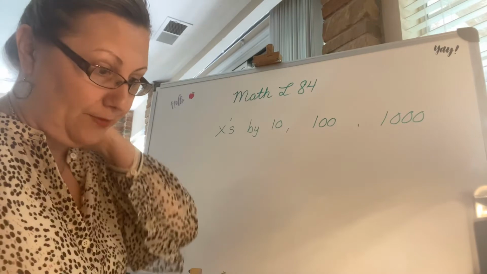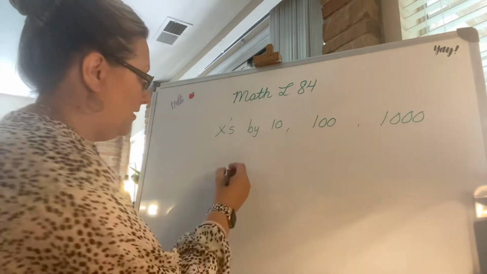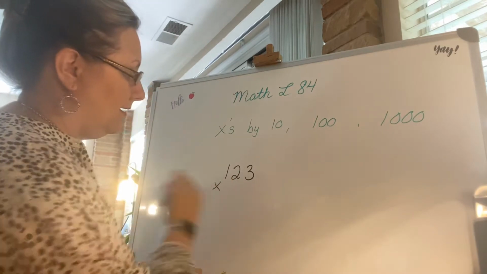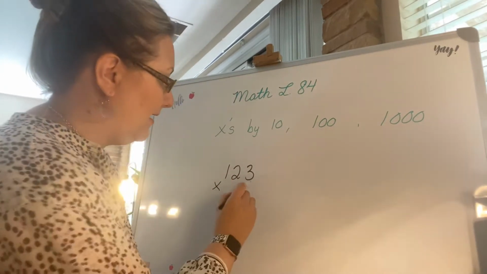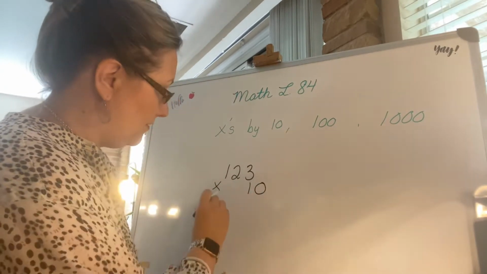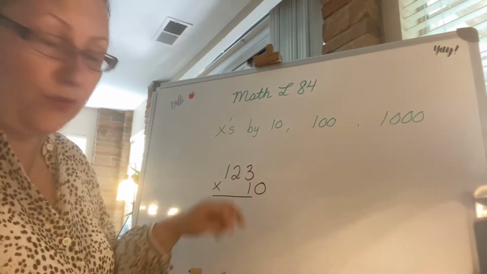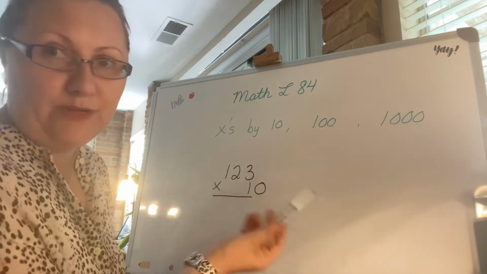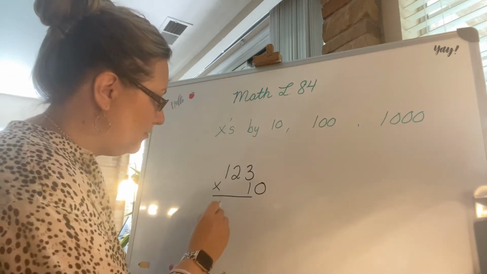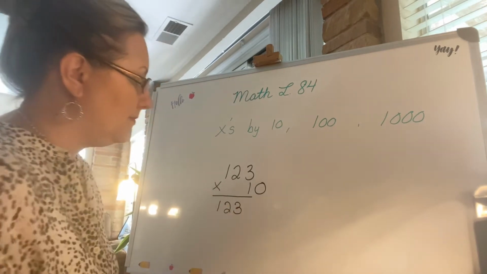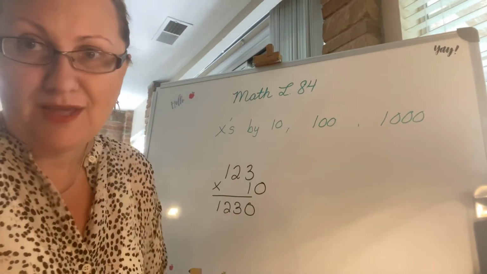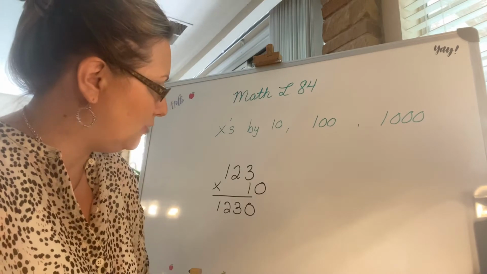So for example, if we have 123, we can just leave the zero hanging off to the end, and we can easily do 123 times 1, which we know is 123, and we bring down that 0, and we know that the answer is 1,230.